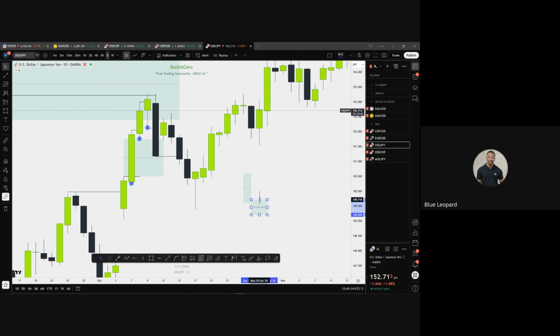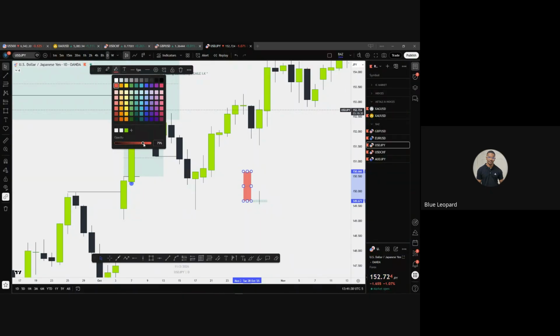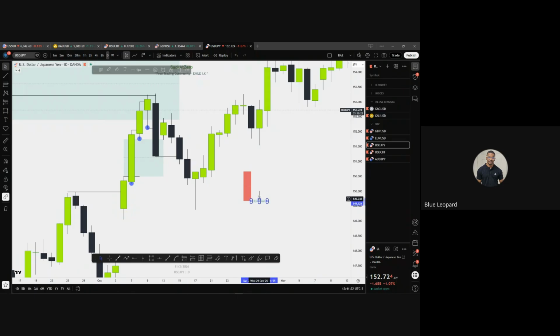Okay, you can target up here. But now what happens when the previous candle, like in this case here, is a bearish one? Let's put red, and the next one is green but stayed inside.